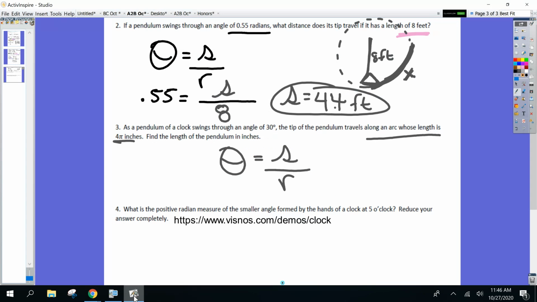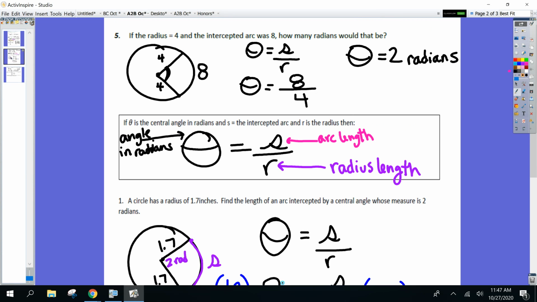Mason, going to you. What's my angle in this problem? Your angle is 30 degrees. So usually, I've been telling you guys all class, plug in the angle for theta, right? Not this time. Stop. I cannot plug in 30 for theta. Here's why. Let me go back to the formula I had given you.